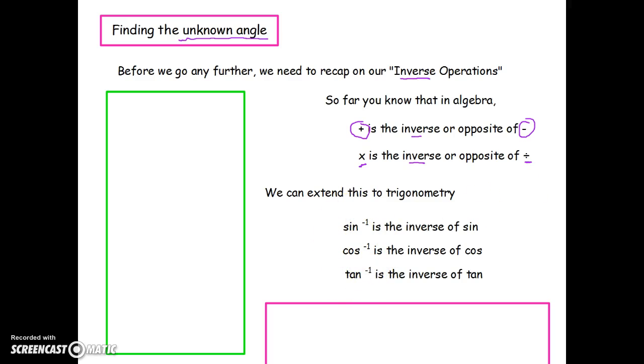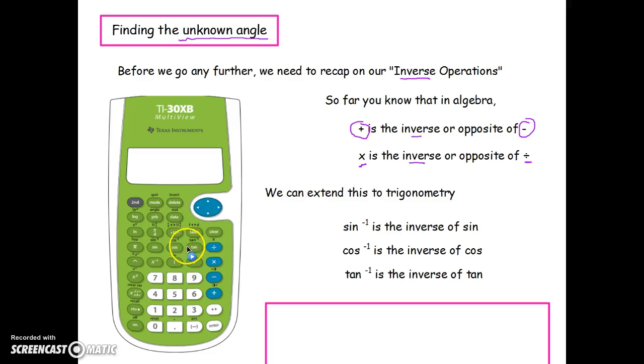Now you might have seen these buttons on your calculator. If you have a look at your calculator, above your sine button you've got sine -1. Above your cos you've got cos -1, and above your tan you've got tan -1. To use those you have to first press the second function and then press your sine. If you have a go of that now, it'll come up with sine -1, cos -1 or tan -1.